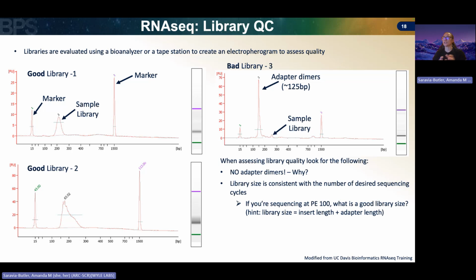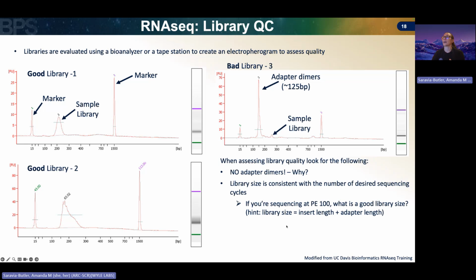But you also want to consider the size of your adapters when looking at your library size. So 170 base pairs for your insert length, because you're sequencing 100 in this direction, 100 in this direction, 200 total. You want some overlap between your forward and your reverse reads so you can reconstruct your insert.